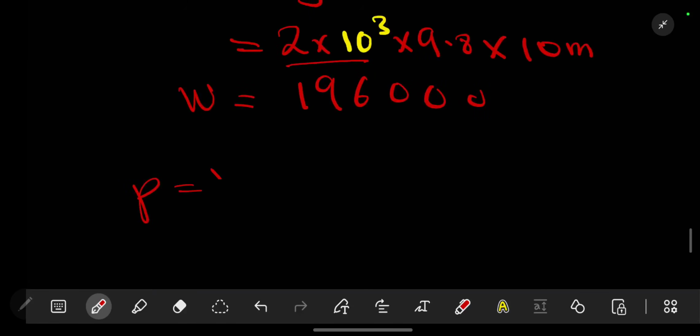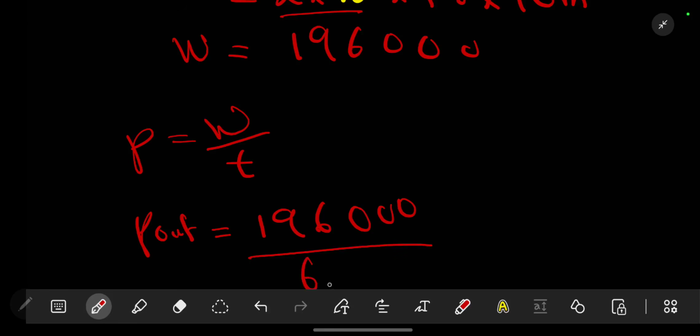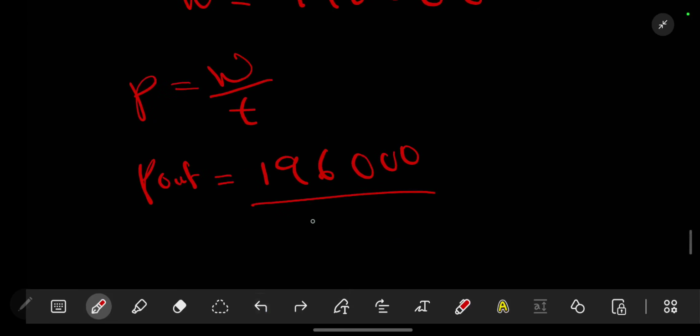So now the power is equal to the work over the time. So this is the amount that was done. So that is your power output. So the power output should be equal to, what is our work? Our work is 196,000 over the time taken, which is 1 minute. 1 minute is equivalent to 60 seconds. So it has to be in seconds. So we are going to say 60 seconds.